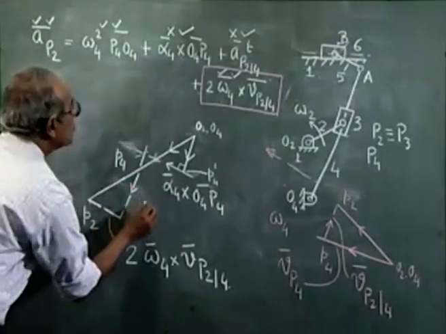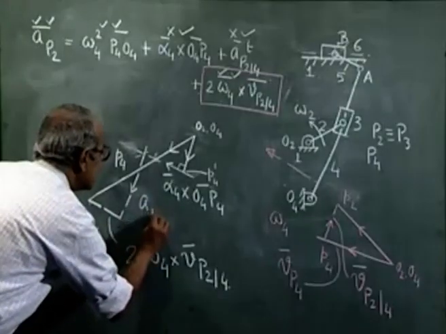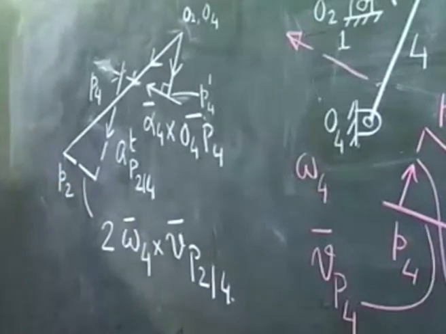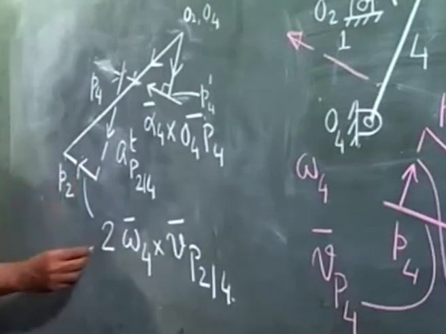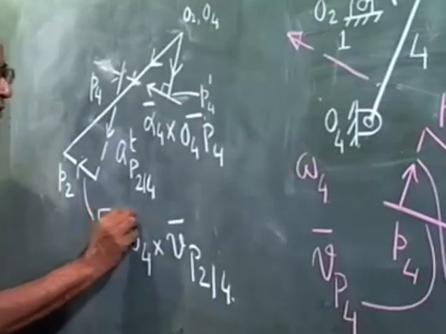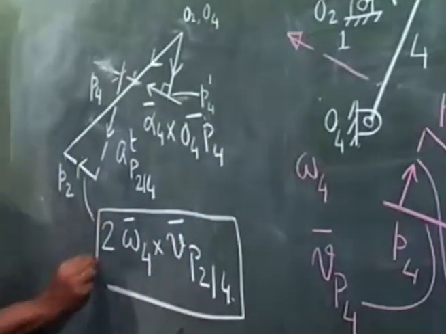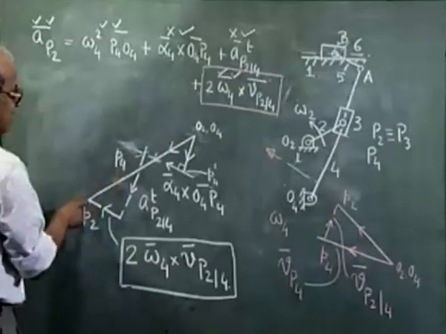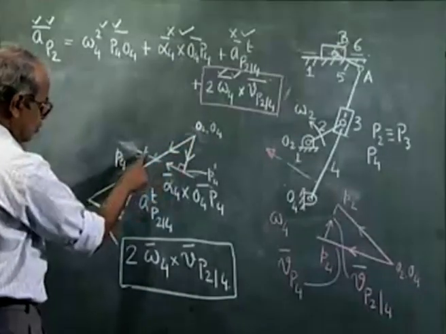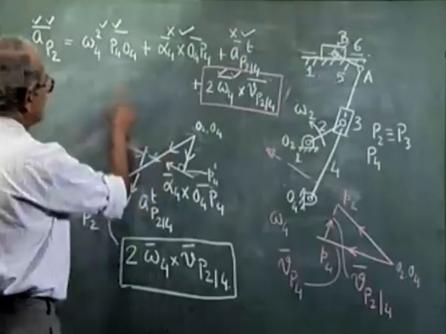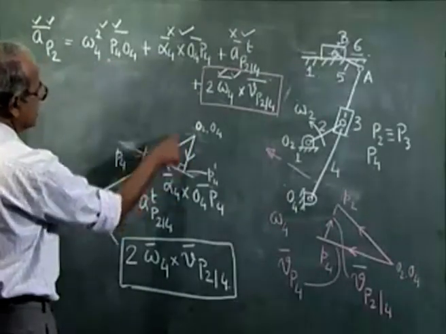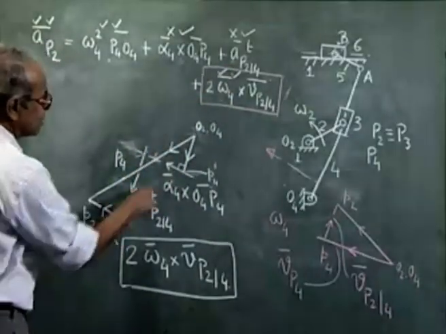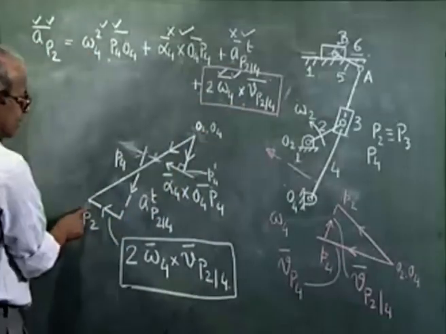This vector represents AP24 tangential, and this vector represents the Coriolis component of acceleration. So now you see that acceleration of P2, this vector, is a sum of four vectors, namely this one, this one, this one, and the last term represented by this.